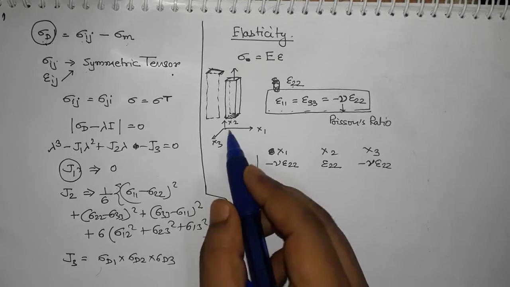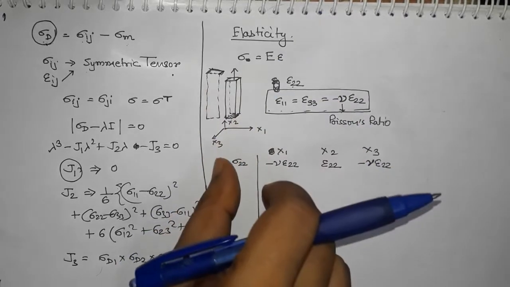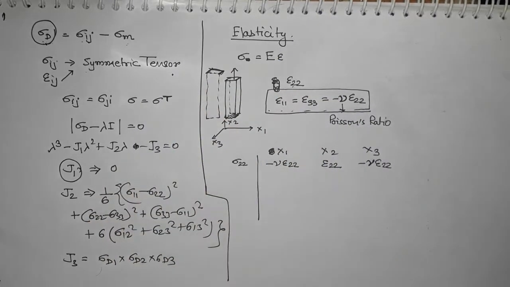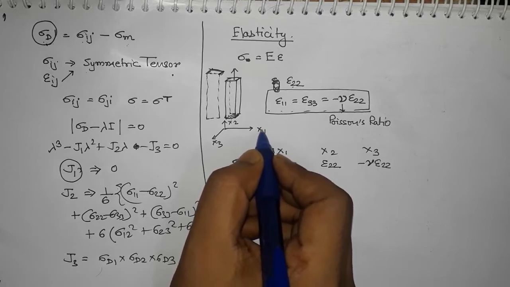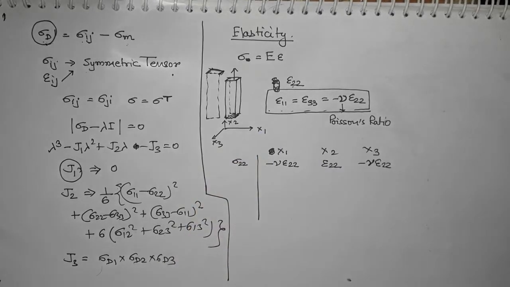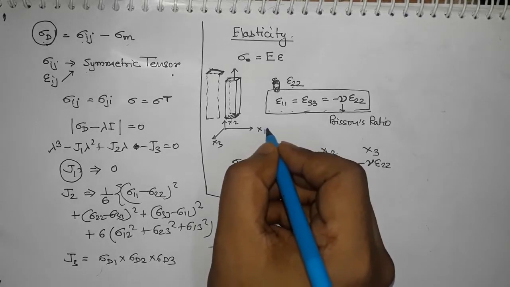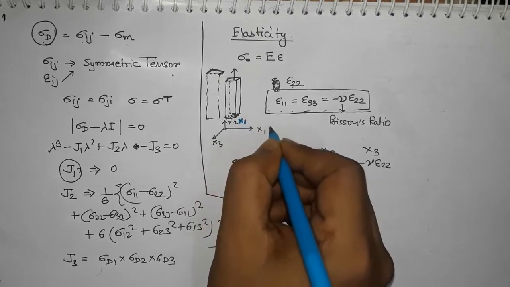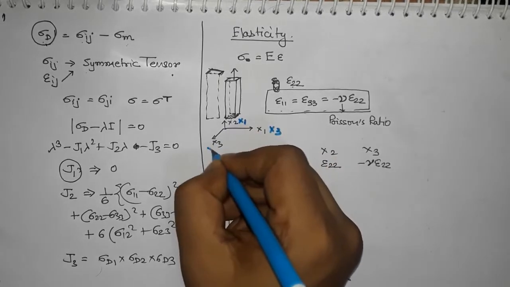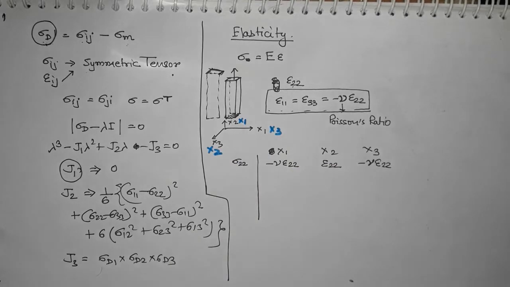Now similarly, if you just change your coordinate system, so now just imagine that this is x2. Okay, so let me write that differently. So now we are rotating this, so this becomes x1, this becomes x3, and this becomes x2. So what happens?